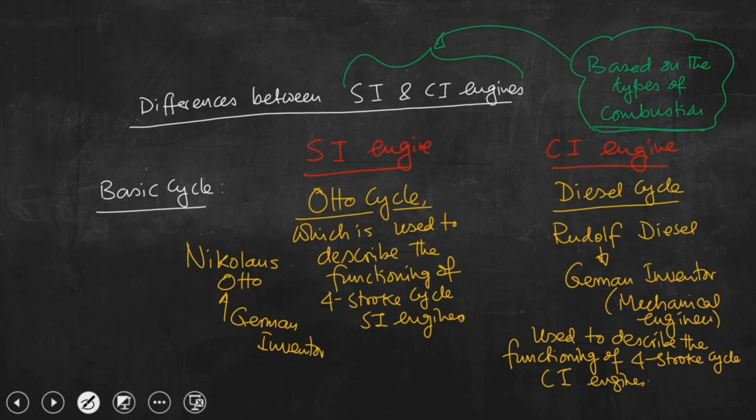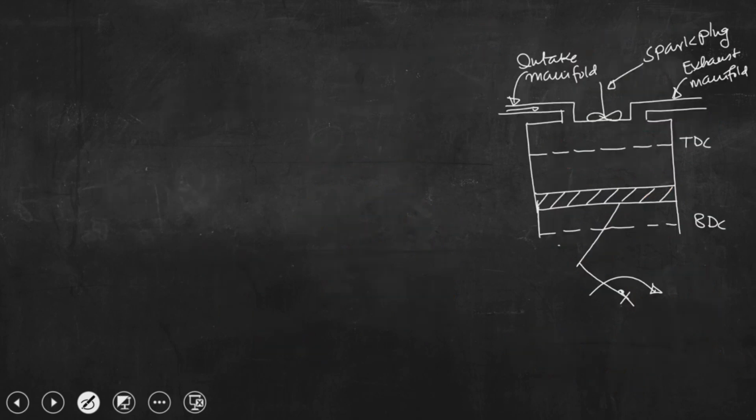Okay. So, this is the fundamental difference when the basis is the basic cycle. Again, let me write, this is the SI engine and this is the CI engine.